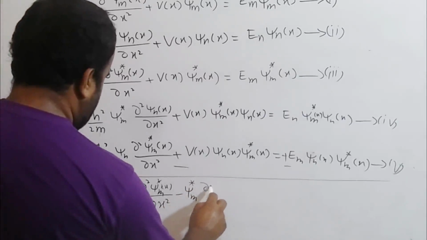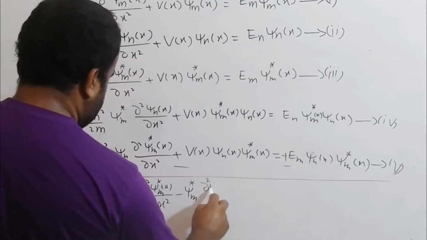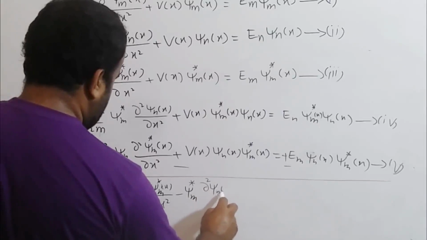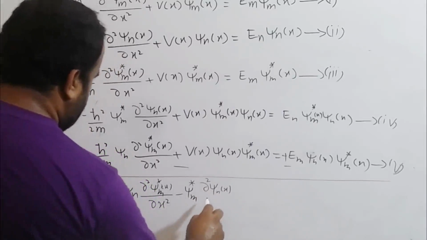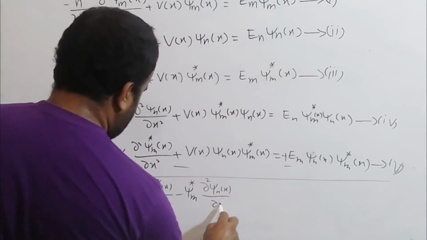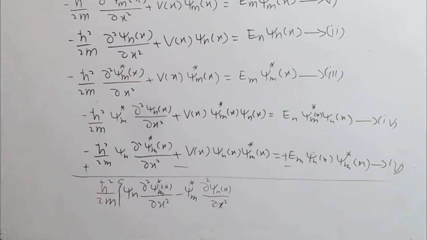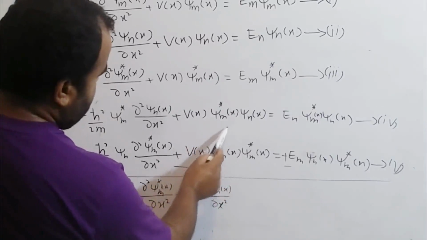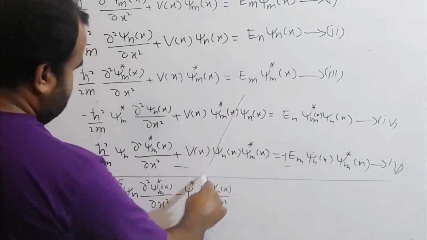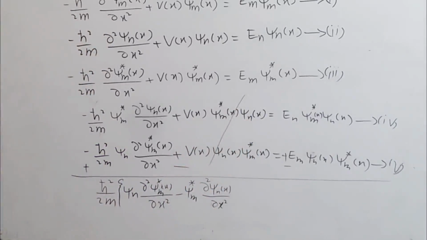∂² divided by ∂x². Okay, and in the next term, these two, ψm* ψn*, this will be cancelled because one term is positive and the second term is negative.